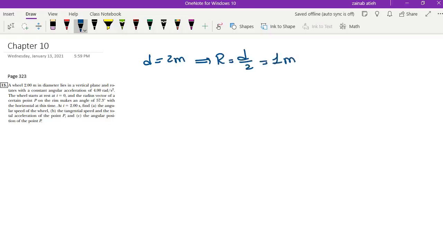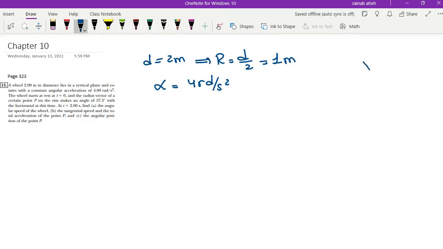It's rotating with a constant angular acceleration alpha equals 4 radians per second squared. That means that the motion is a uniformly accelerated rotational motion. The wheel starts at rest at t equals 0. The radius vector of a certain point P on the rim makes an angle of 57.3 degrees with the horizontal at that time.